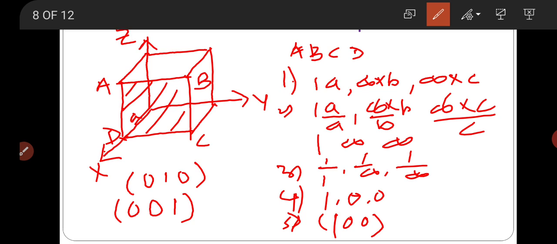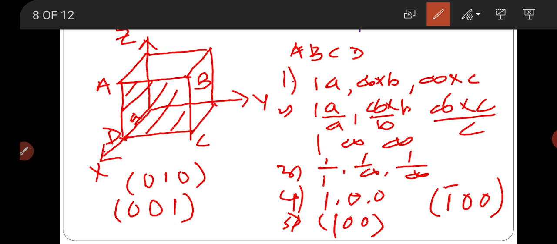When the plane intersects the negative x-axis, its Miller indices will be written as 1 bar 0 0. So this 1 bar 0 0 in round brackets represents the plane which intersects the negative x-axis. Similarly, you can write for other planes which intersect the negative axes of y and z.